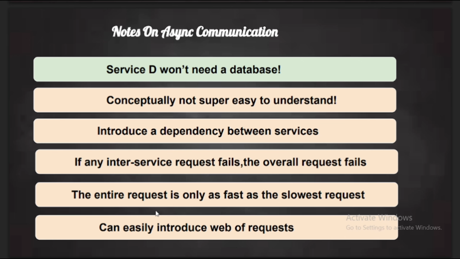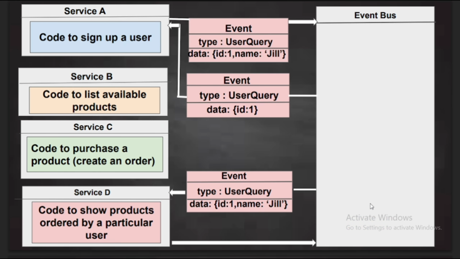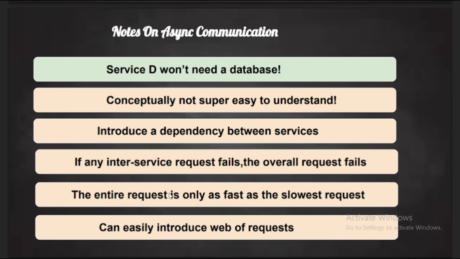And the entire request is only as fast as the slowest request. If some service is taking a lot of time, the overall completion time will still depend on the slowest service.